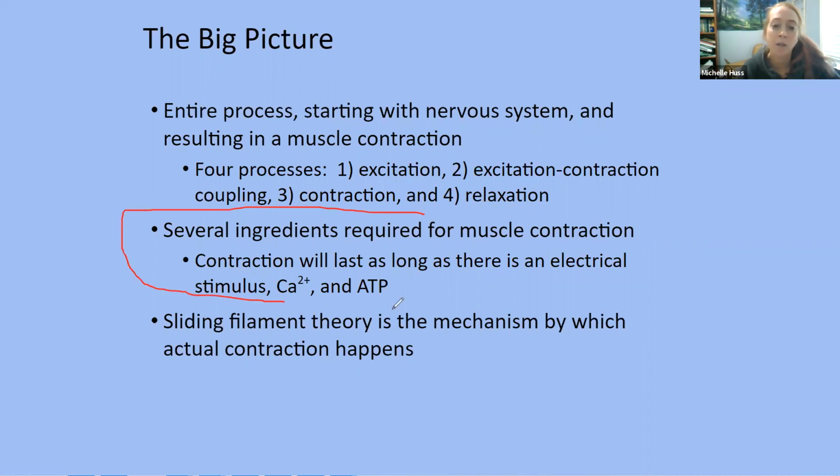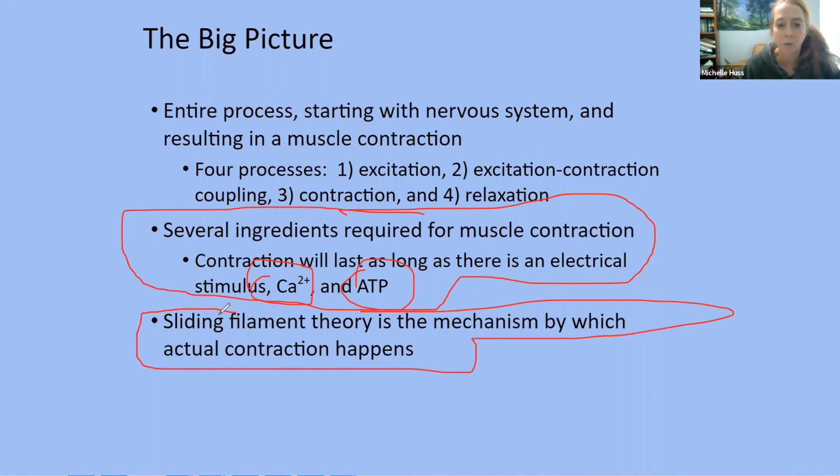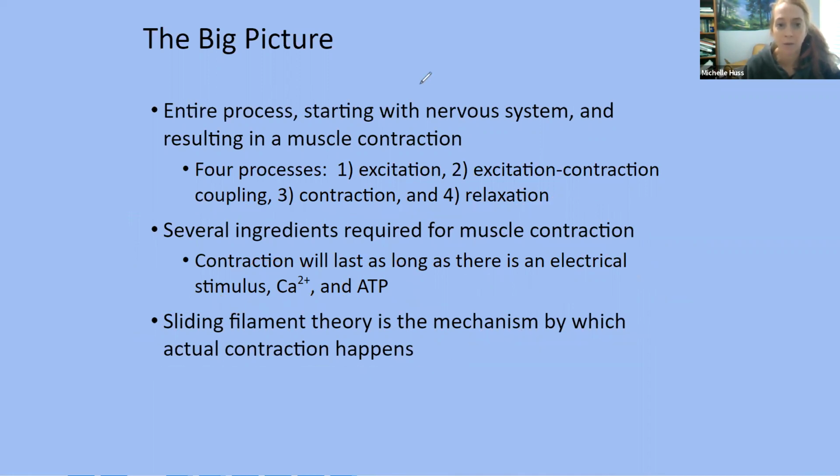And we're going to use calcium and ATP. Okay, so calcium and ATP are essential for muscle contraction. I bet you didn't know that. Maybe you do. Okay, and I'm not worried about this word, but we're going to talk about sarcomere shortening, which is the same thing as sliding filament. So you can use either word.